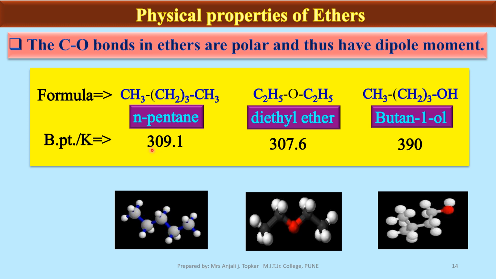This comparison shows the boiling points in this way because the solubility of ethers in water is similar to that of alcohols of comparable molecular mass. And this is because ethers can form hydrogen bonds with water through the ethereal oxygen.